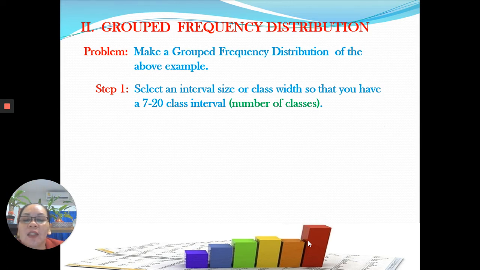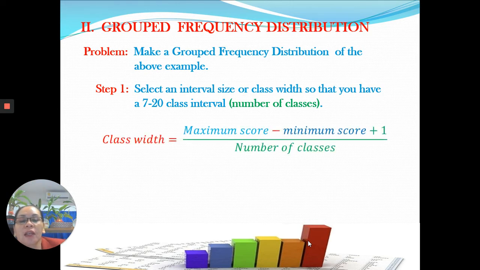And this class width, you can find by subtracting your minimum score from your maximum score, and then adding 1, divided by the number of classes that you choose.